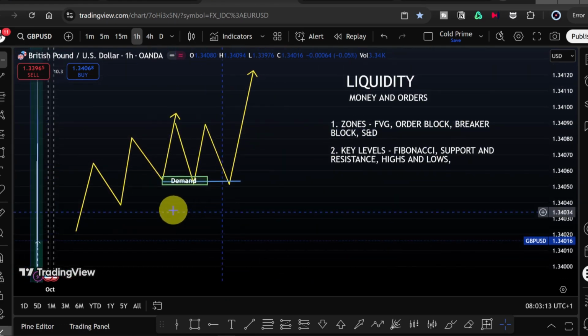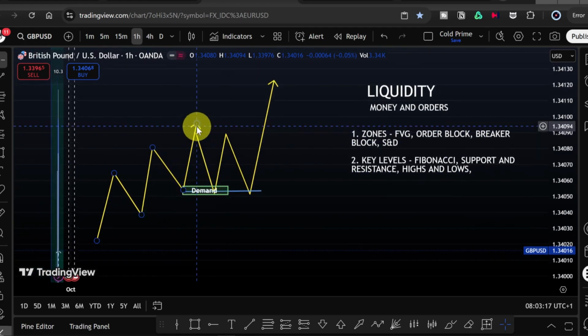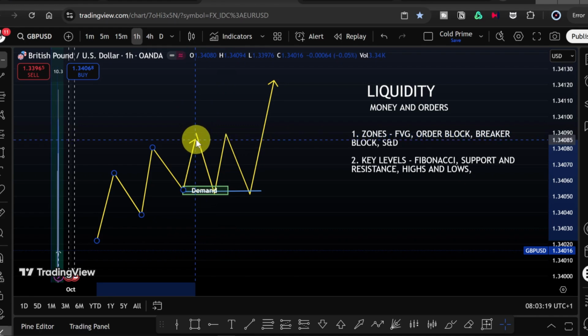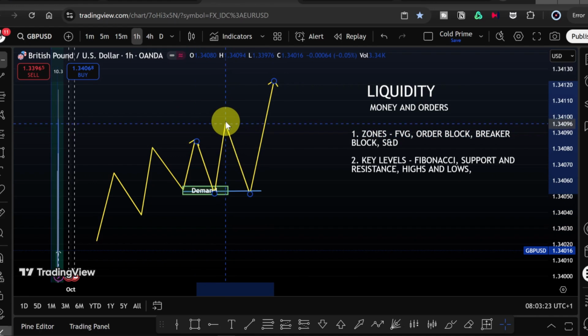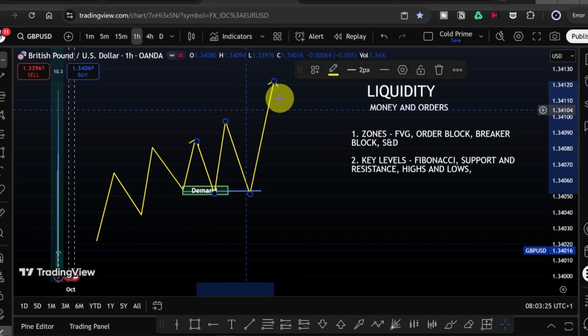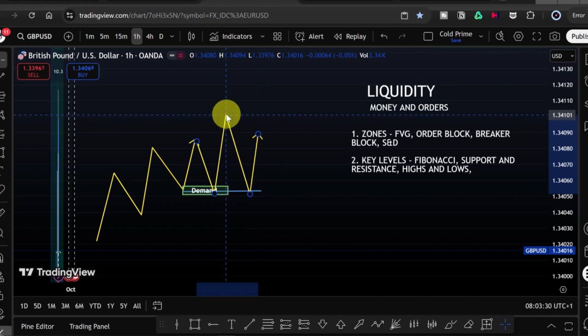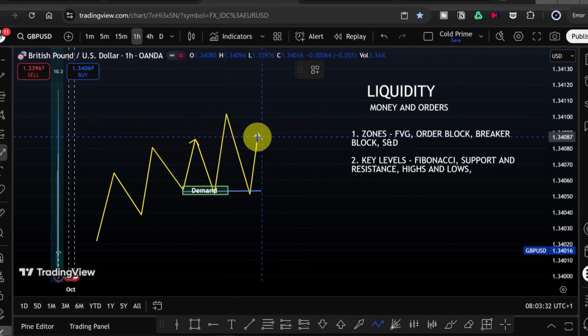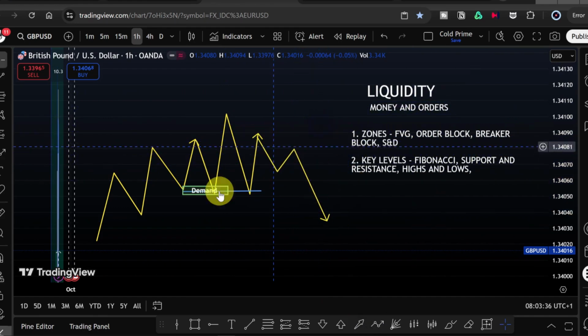Now you could also say, let's say the market did this. The market did this.